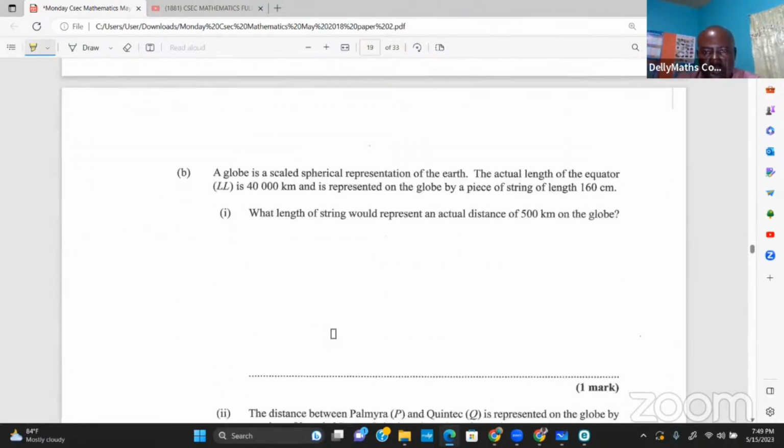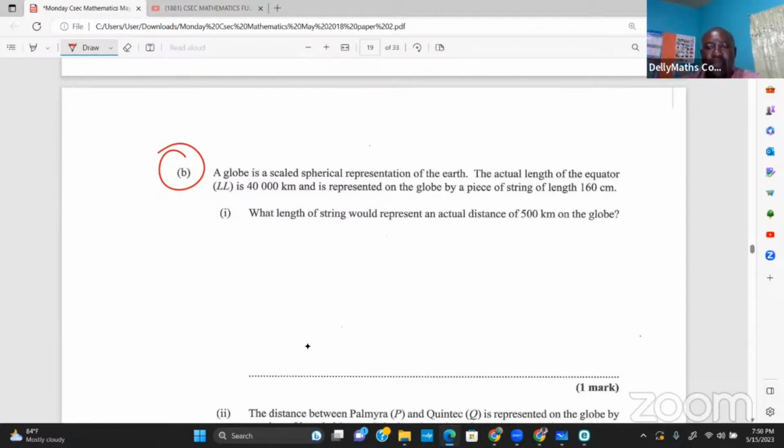Let's see what else they're asking. Oh, it's another question. All right, so we're done with the disk question. Now, another question here says, watch this. A globe is a scaled spherical representation of the Earth.